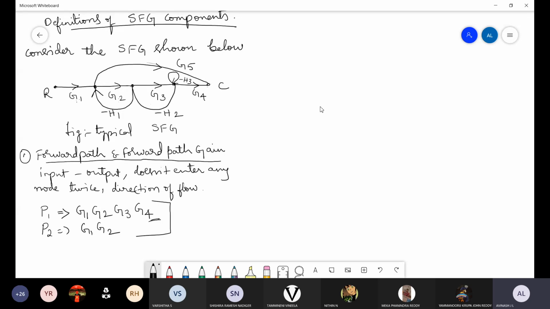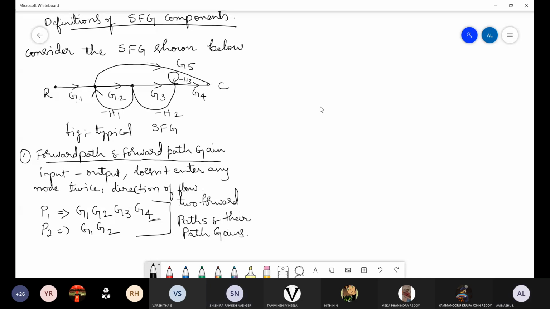Write the sentence properly. There are two forward paths in the given signal flow graph and their path gains are given below. Is it clear to you? Yes, sir.